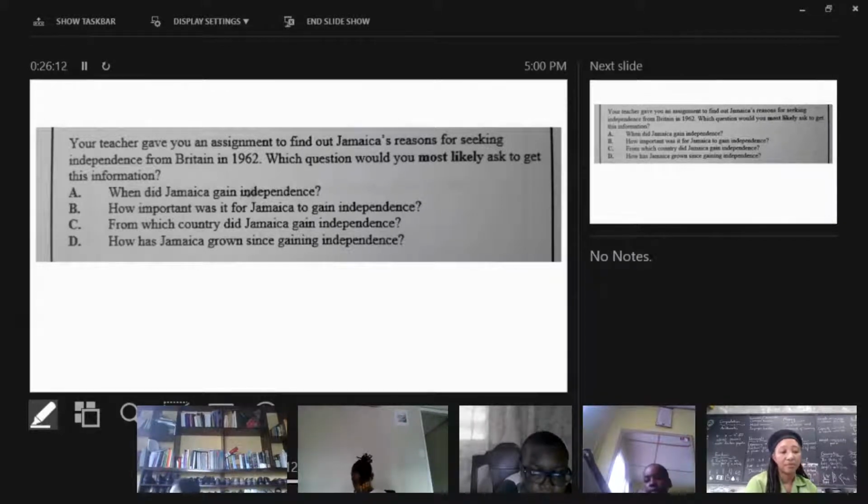Because it already says that Jamaica gained independence in 1962, and C, from which country did Jamaica gain independence, would already be there because it says independence from Britain. That is correct. And D is after we get independence, so it will not be the answer. All right.